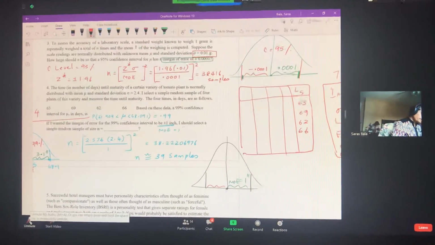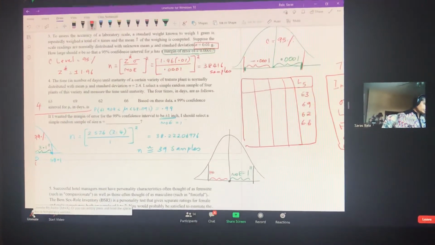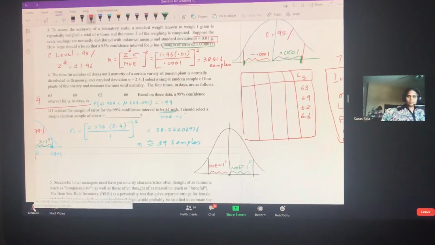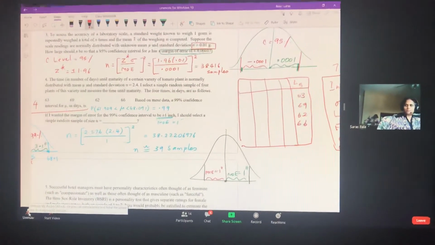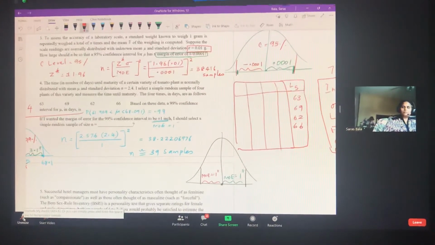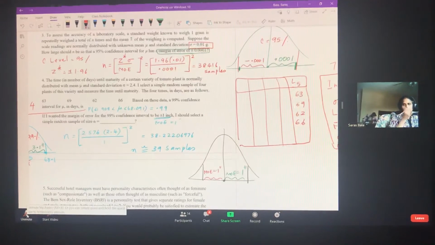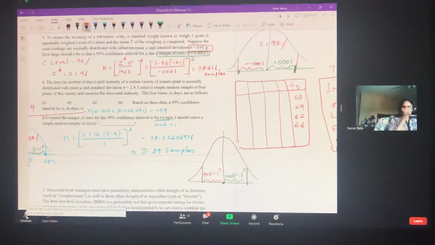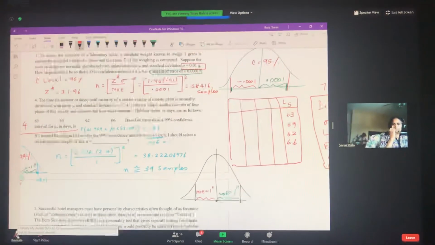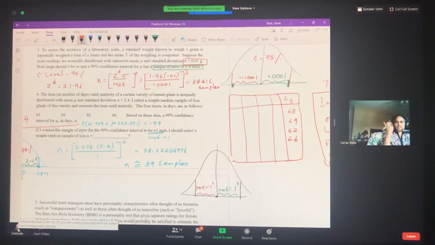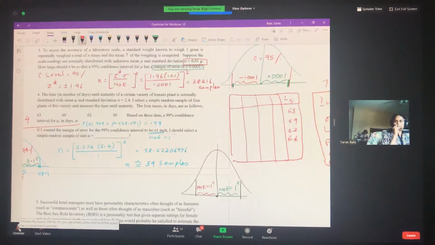Margin of error is going to be 1 inch, which is going to be the negative 1 inch. With the negative 1 inch, how big the sample should be? The sample should be about 39, which is nearly about 10 times. The first one, you had about 4 samples, and for 1 inch margin of error, it should be 10 times bigger than the original sample.